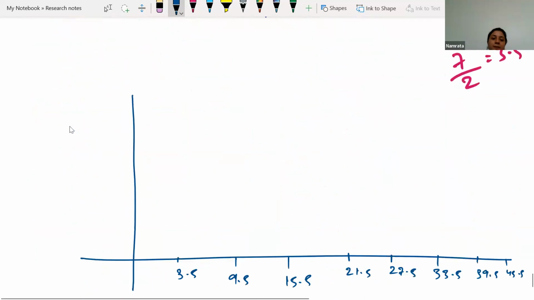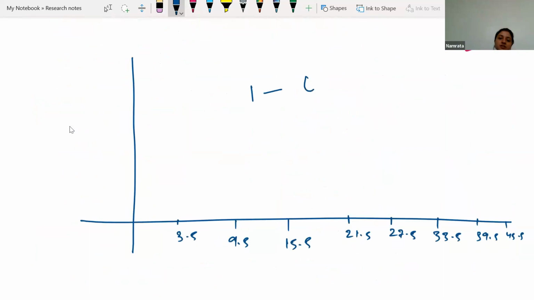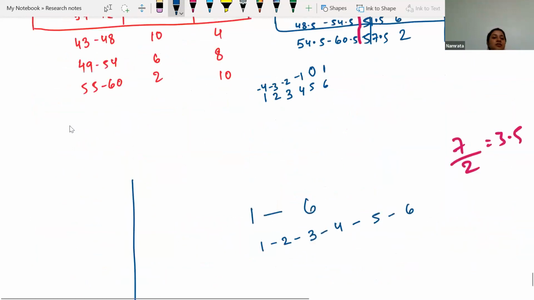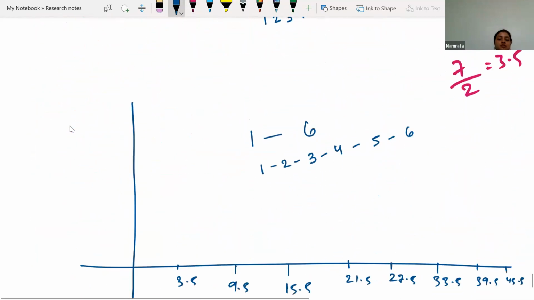From 1 we are going to 2, 3, 4, 5, and 6 and stopping. And in the next data, it's 7 to 12. So from 7, we go to 8, 9, 10, 11, 12. This is how the raw data is given to us, right?